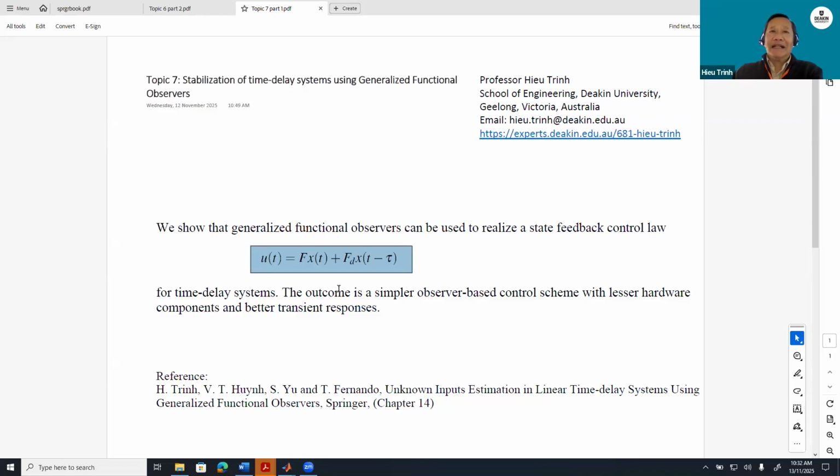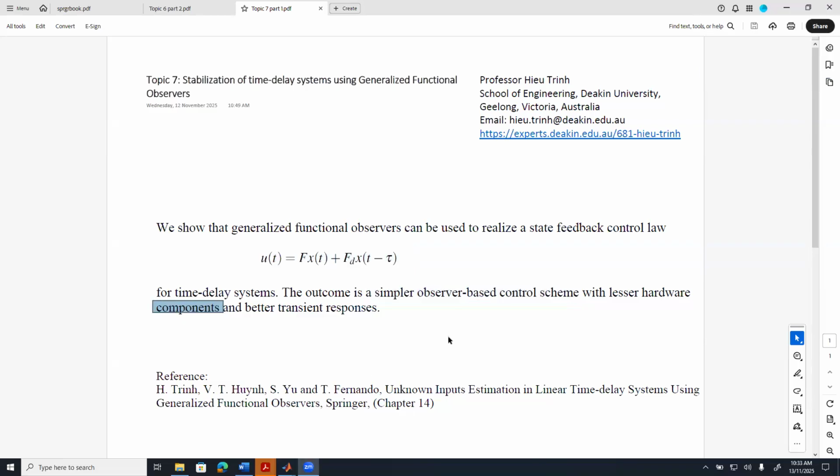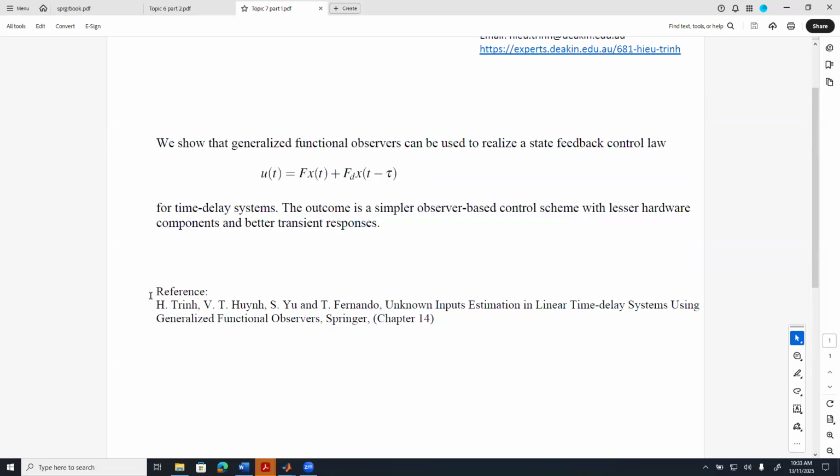Based on this approach, we can have a similar observer-based control scheme that will give us fewer hardware components, that means fewer components like integrators, proportional gains, summers, and so on. It will also give us better transient responses. This is part of chapter 14 in our book.